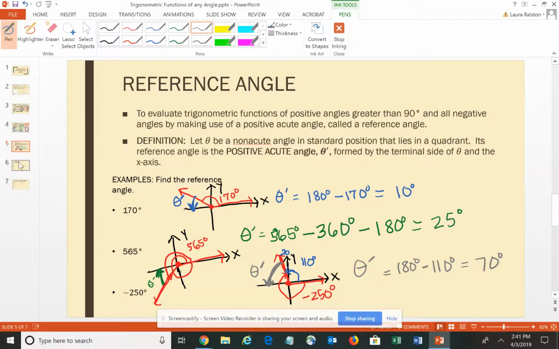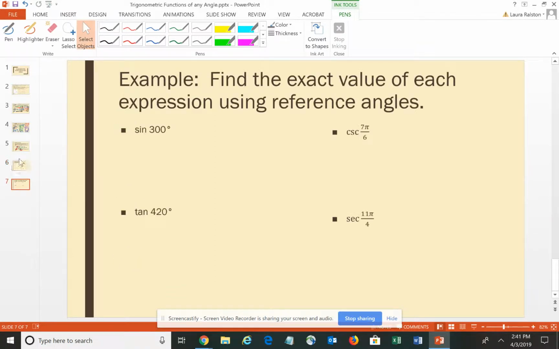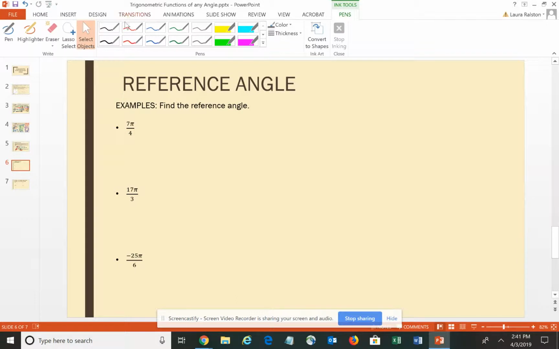Now you can also create reference angles with radians. You're probably not as familiar with radians as you are with degrees, but let's see if we can do a couple of these. Okay, so we've got 7 pi fourths.